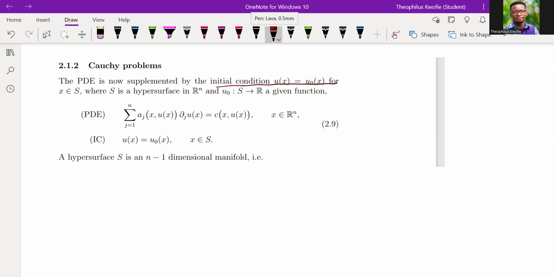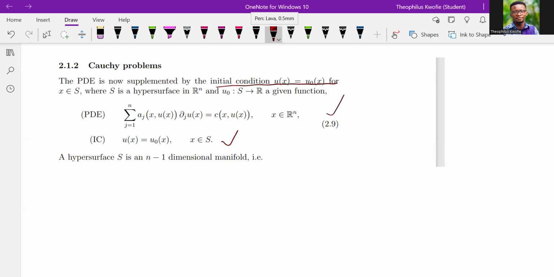So with the same first order PDE, we want to supplement that with a given initial condition.